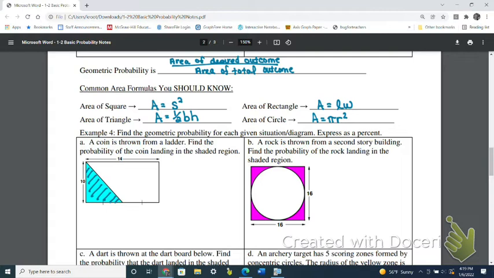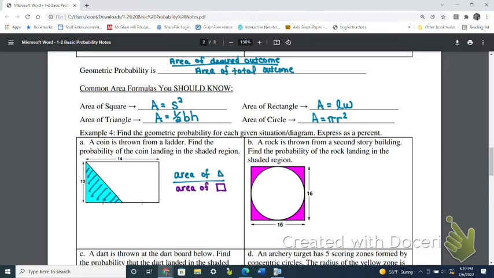The whole region or the whole rectangle is my total outcome. So what I'm looking at for this problem is I will do area of triangle divided by area of the rectangle.